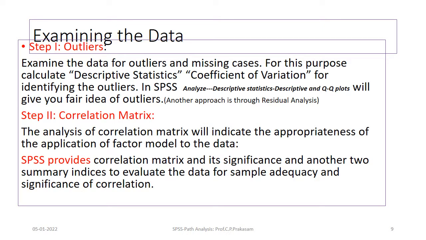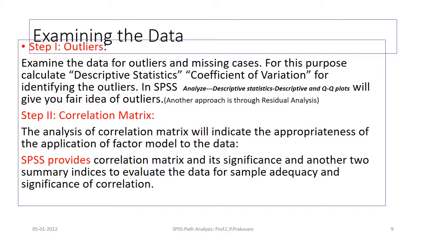Then examining the data. After looking at the data, as a first step, what we have to examine is the outliers. Therefore, the outliers and missing cases. For this purpose, we have to calculate the descriptive statistics and coefficient of variation for identifying the outliers.